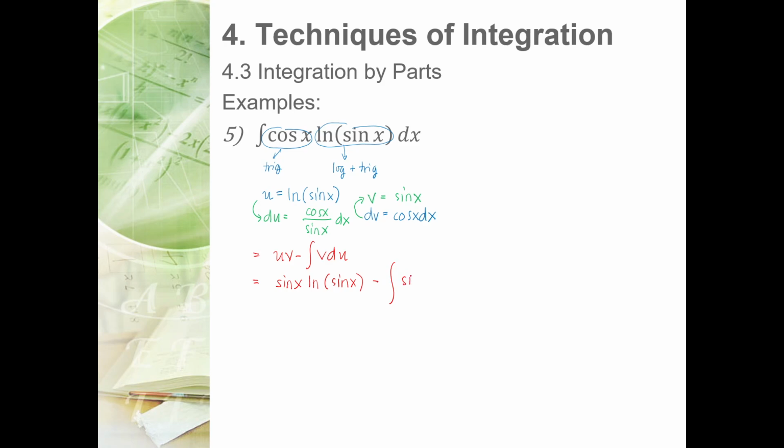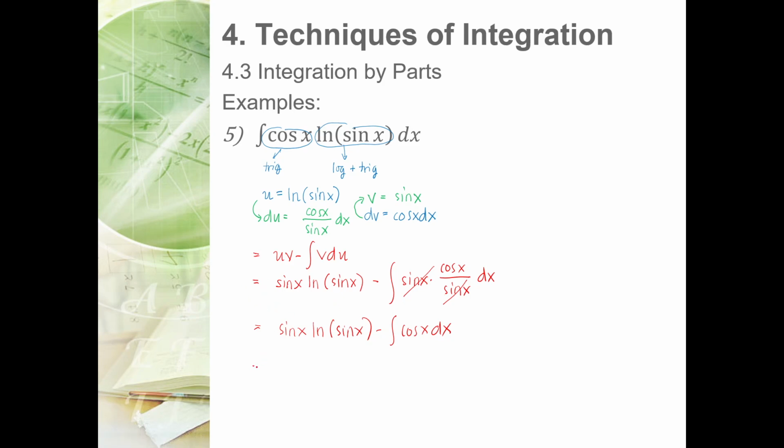So v is sine x, du is cosine x over sine x dx. So cancel out sine x, cancel out sine x. What's left now is just sine x ln of sine x minus the integral of cosine x dx.